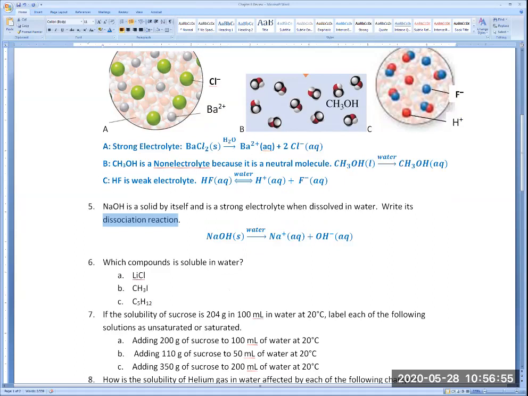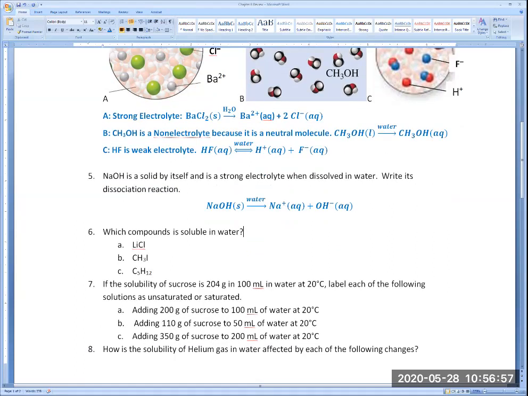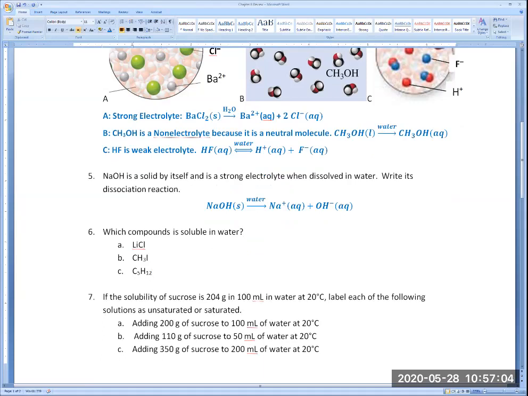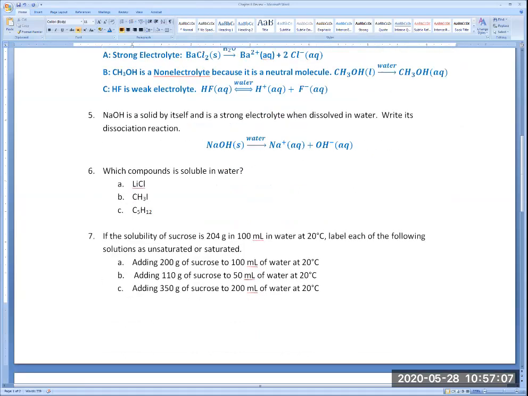Okay, so that's just to emphasize again what is a strong electrolyte. So let's go through solubility now. For lab 5, you had to learn the fact that like dissolves like. So let me remind you of this basic rule of solubility: like dissolves like.